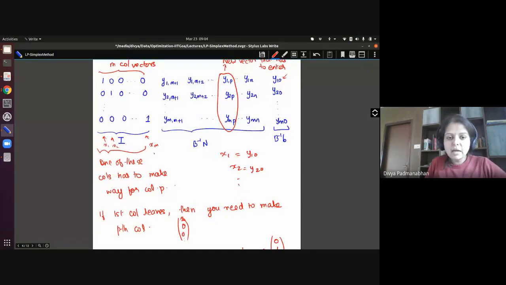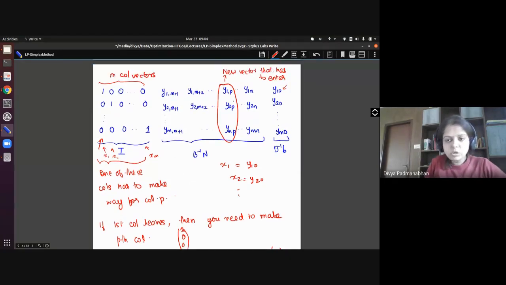We will see how you choose the one that's going to enter. But suppose you fix that the first column leaves the basis, and the pth column is going to enter. So in place of this 100, you're going to have this as the new basic vector.